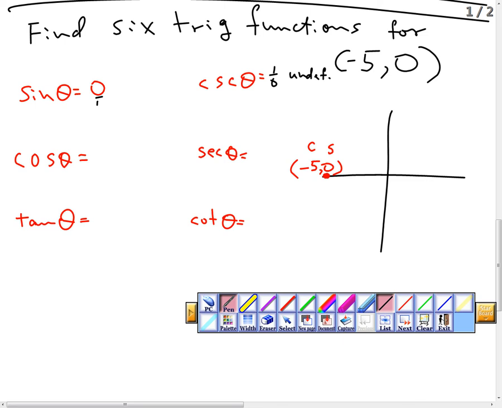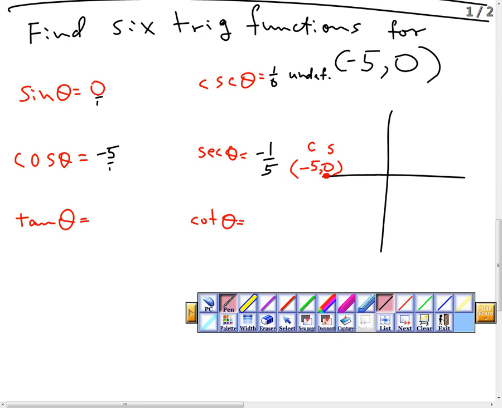Well, look over here. What did we identify cosine to be on our coordinate point? -5. So now we put that -5 over 1, and what's the reciprocal secant going to be? That's right, -1/5. Good.